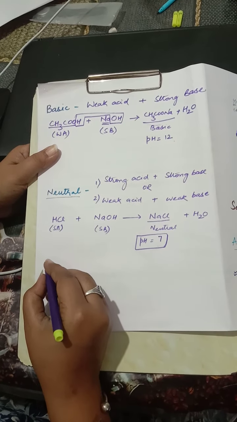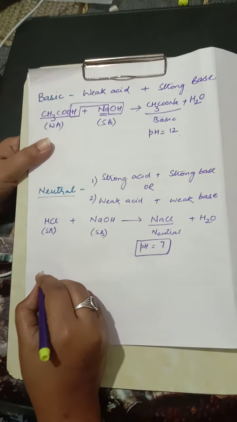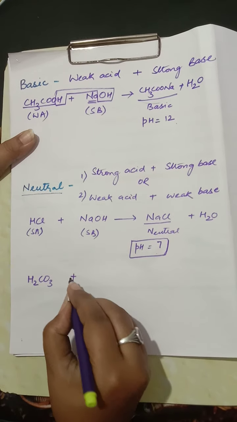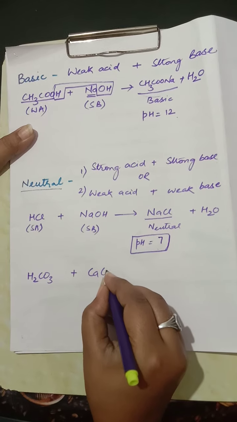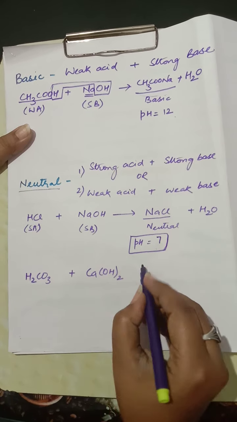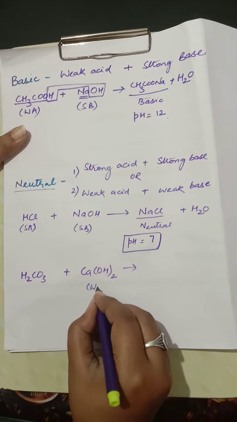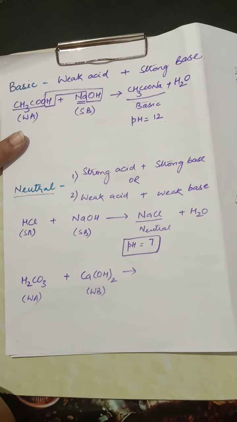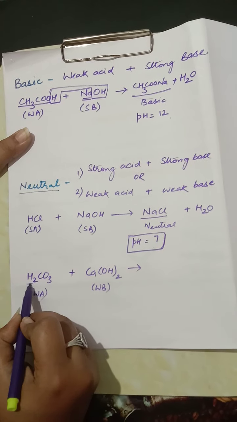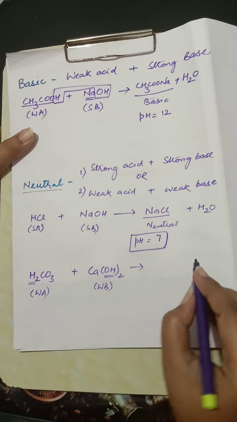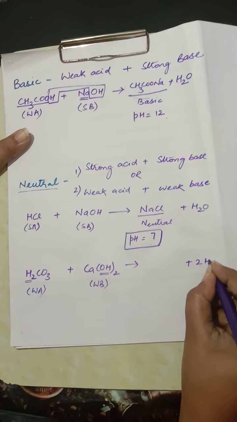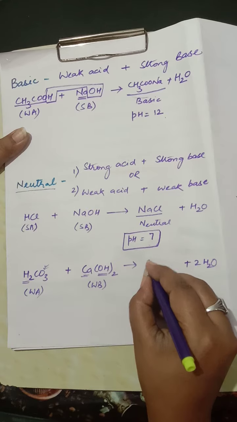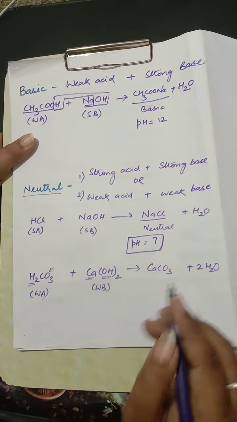Another example, if I am taking one weak acid, for example carbonic acid, and I am taking weak base, for example calcium hydroxide. Both are weak in nature. So what will happen? Again, these hydrogen will combine with hydroxyl ions to give you water molecules, and calcium will combine with this carbonate to give you calcium carbonate.